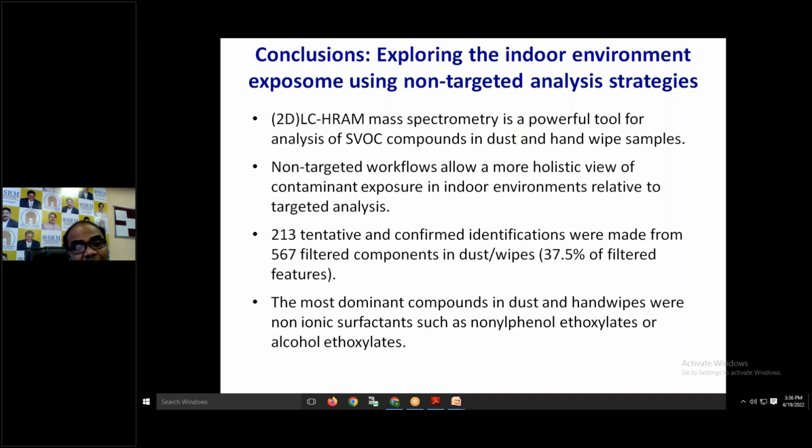This is very important nowadays to check the pollution and protect people from contamination, because when those contaminants enter your body, they may cause diseases, disorders, and disturbances. So if we are able to identify their presence, then we can check the pollution. So this is all about my talk.